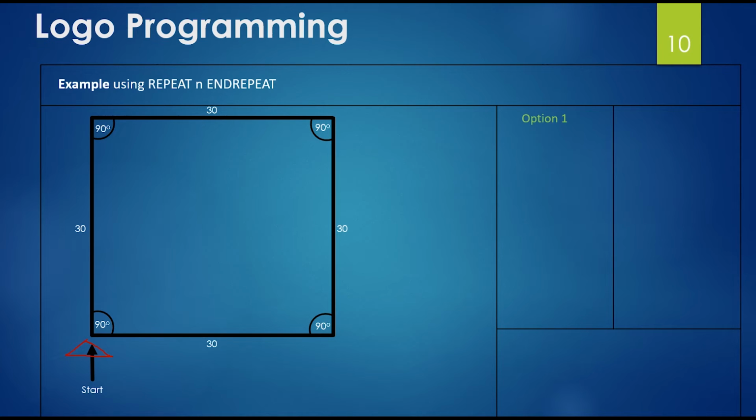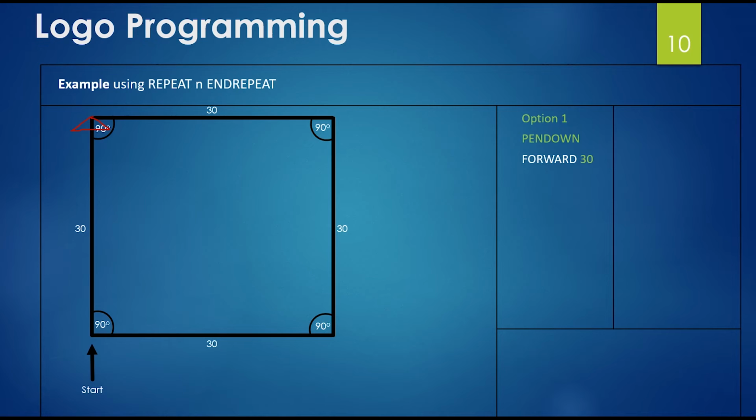The turtle is here and we have to draw the line, so it will be pen down first, then forward 30, so the turtle will be here. Then, as you already know, we will have to rotate it.